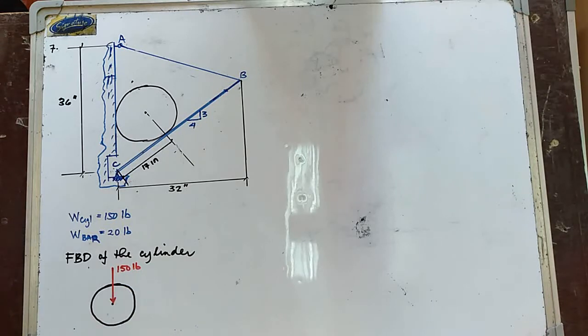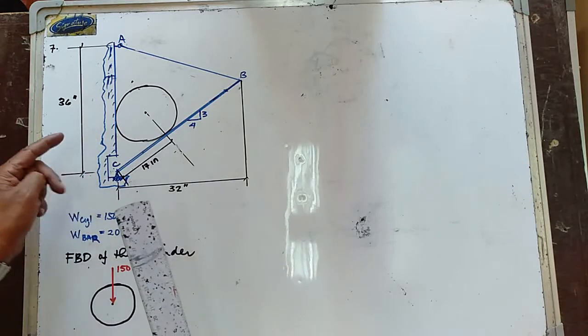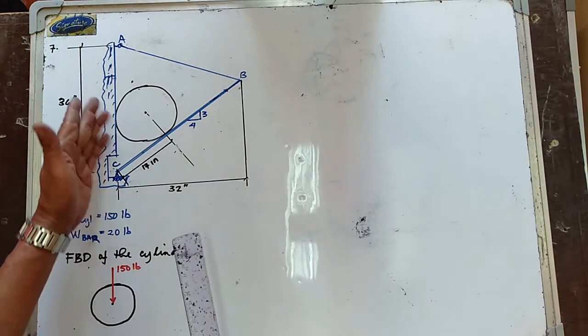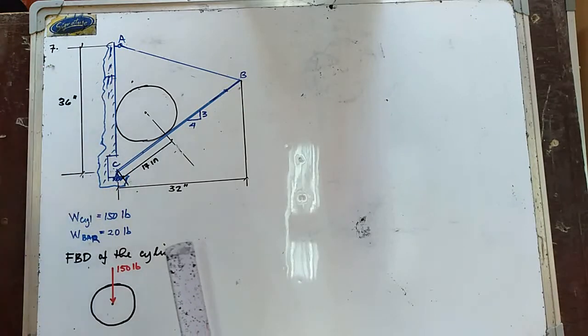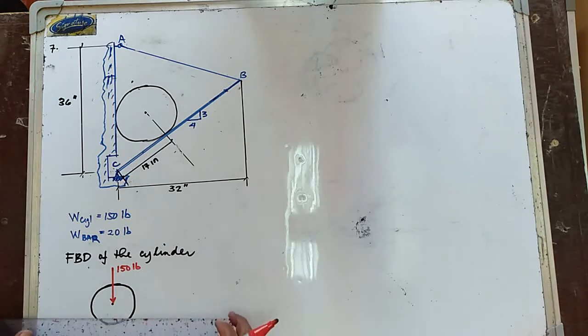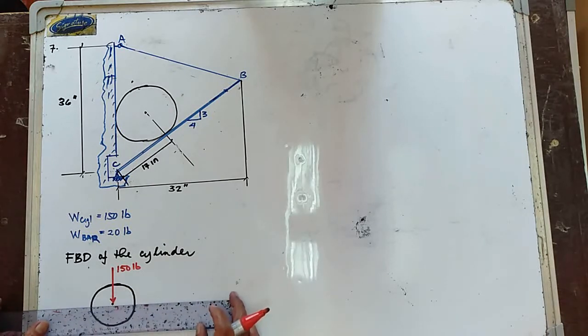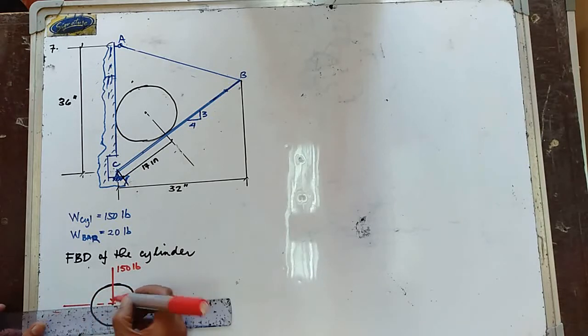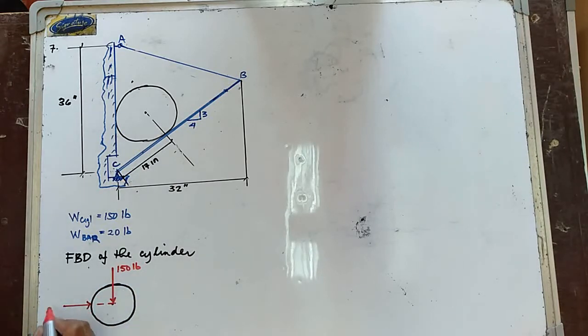Now, we have the reaction between the smooth surface and the cylinder, and this is perpendicular, the reaction is perpendicular to the contact point. I'm just going to consider that this is now your R1.